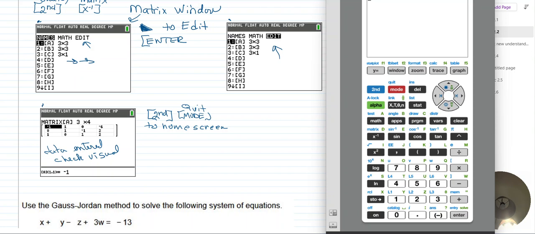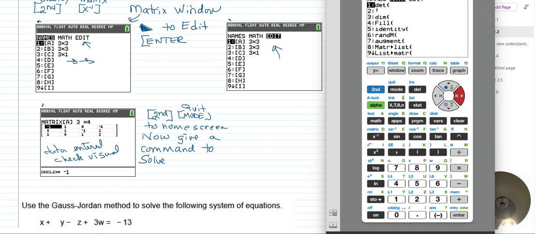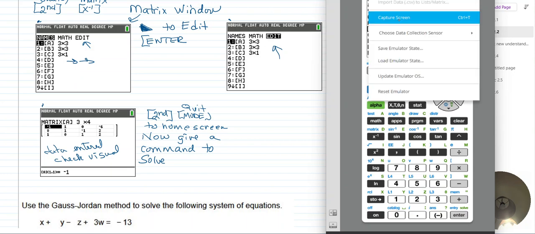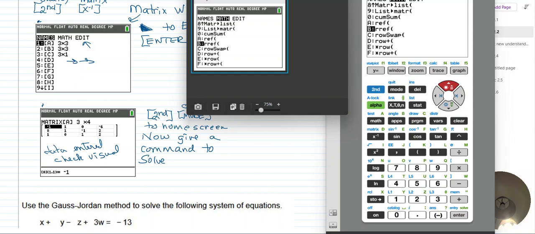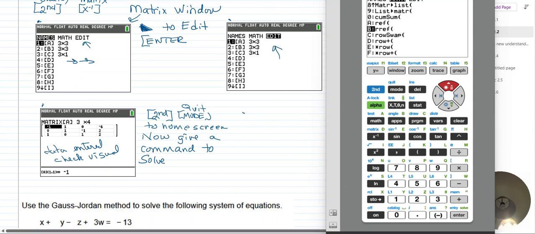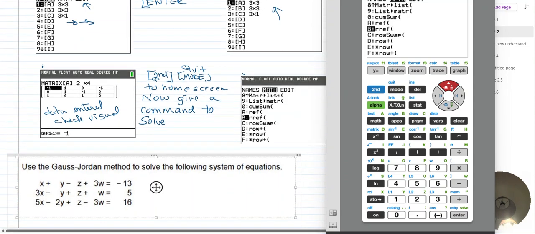I'm going to give it a command. All right, so I'm going to go second matrix, arrow over to math, and choose RREF. So you're looking for this guy right here.